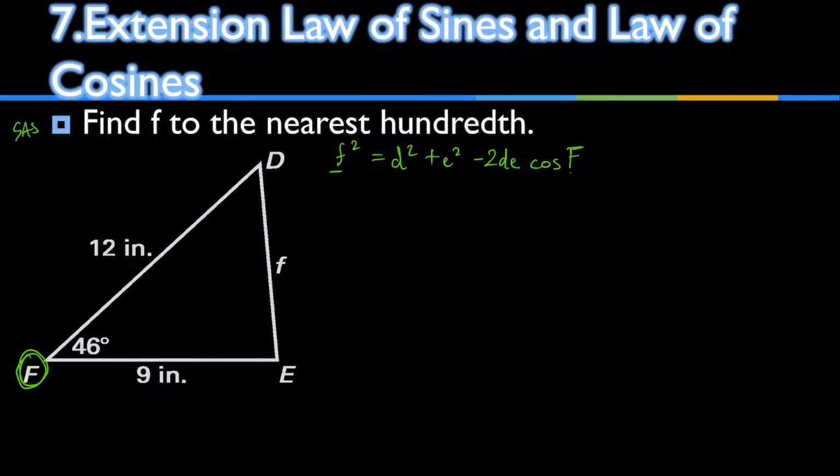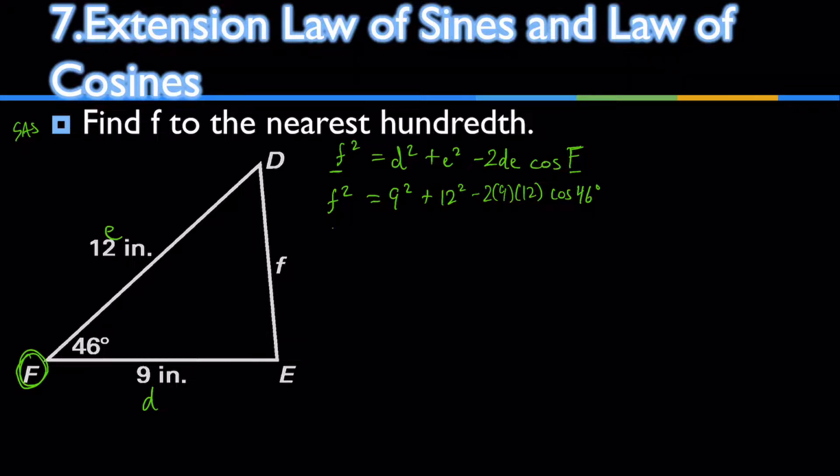This is side d because it's opposite angle D. The 12 is side e because it's opposite angle E. Side d is 9. Side e is 12. And angle F is 46 degrees.